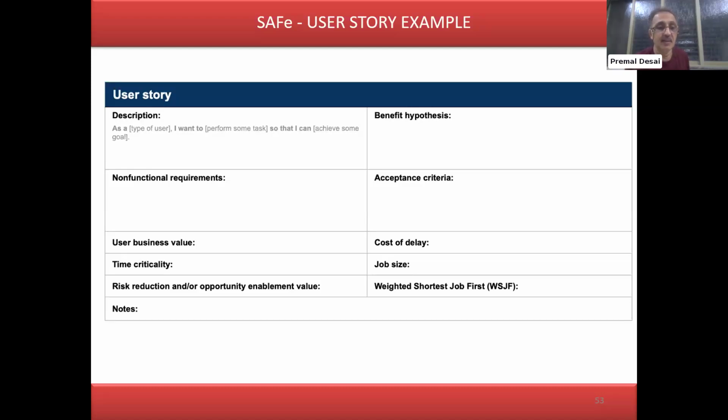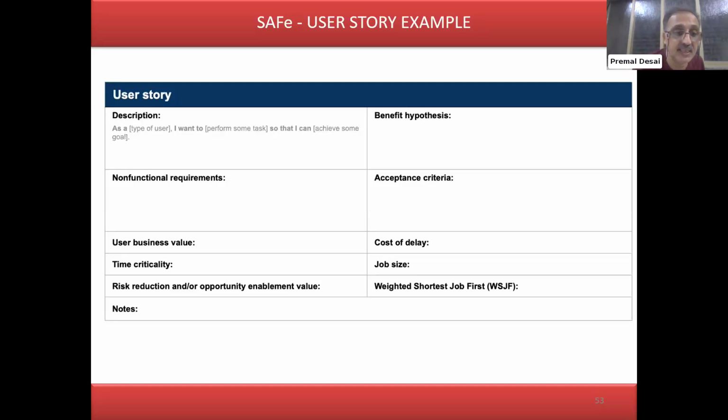What you need is the business value associated with a user story. The cost of delay needs to be put forward. If you can compute what the cost of delay is if the user story is not delivered, or if the functionalities grouped together in the form of a feature or an epic are delayed, then that is to be put forward against the user story.